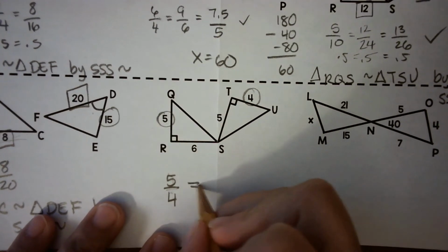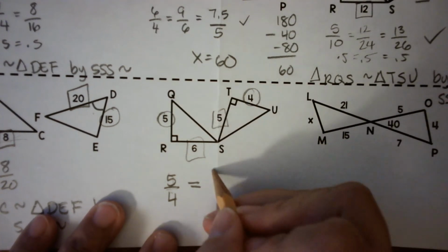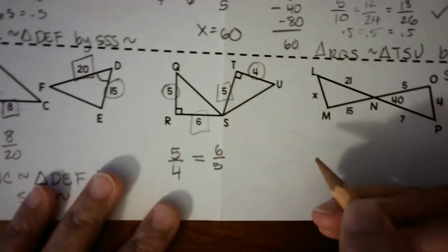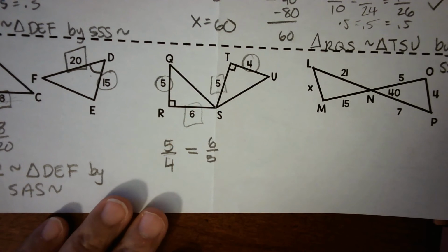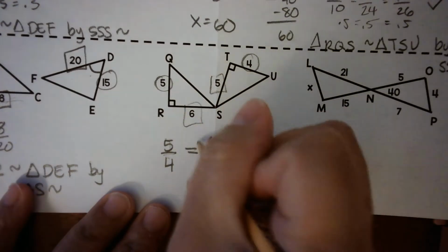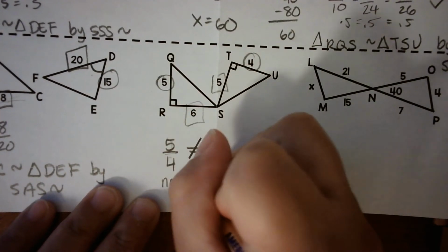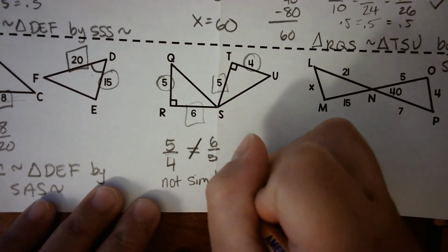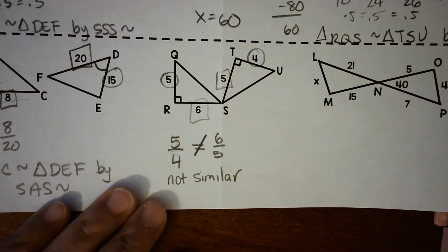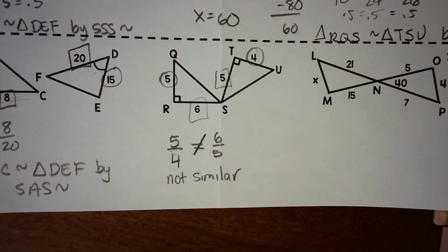So is that equal to 6/5? Put it in the calculator. Are they equal? No, they're not equal. So this is not similar. Once you know that something is not similar, then you cannot write a similarity statement. They're not similar, so you can't write it.